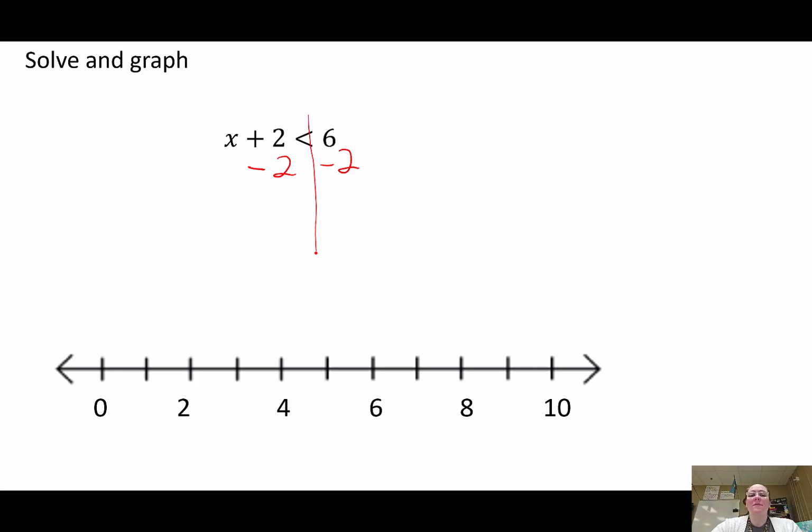Okay, so I'm subtracting 2, so that gives me x less than, well, 6 minus 2 is 4. So I also have to graph this. So we're going to determine, do I have an open or a closed circle? Well, it's less than, it's not equal to. So that tells me I'm going to have an open circle. And since x is less than 4, I'm shading to the left.